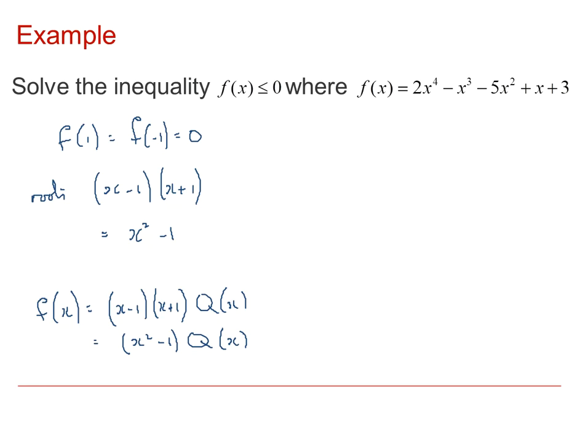Now we can get the quadratic factor by inspection, because we can see that the quartic term, the x to the power 4, is 2. So f of x must be equal to x squared minus 1 multiplied by 2x squared.